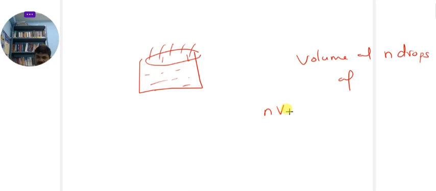This is divided by 400 because of the concentration of oleic acid, and divided by the area, because this much area is found on the water surface as oleic acid spreads.